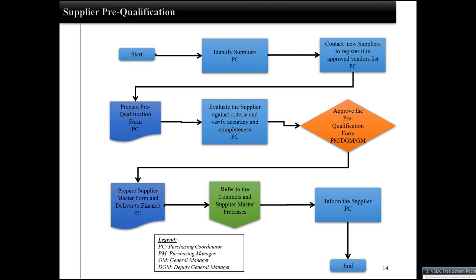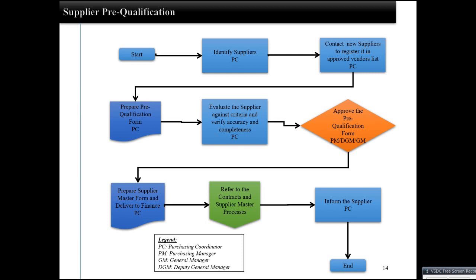Then prepare a pre-qualification form. Definitely a form should be there so that for whatever suppliers you approach, you get all the information about them: what their quality is, what their prices are, what their factory is, and everything, so you can decide that these suppliers are reliable for us.